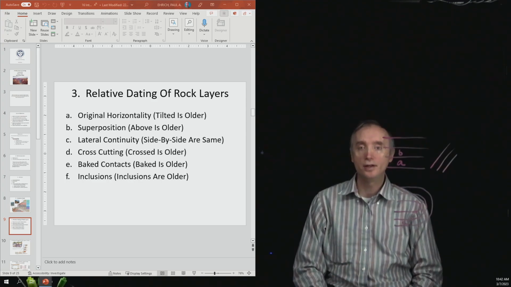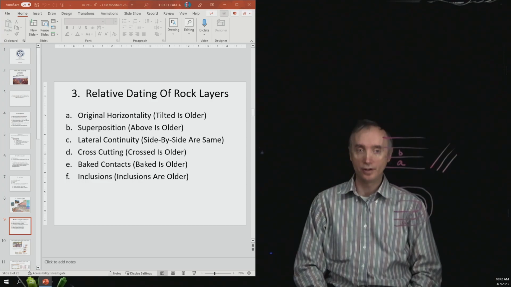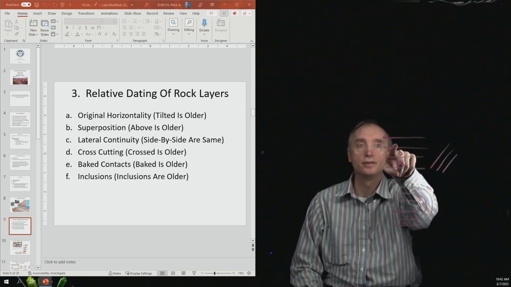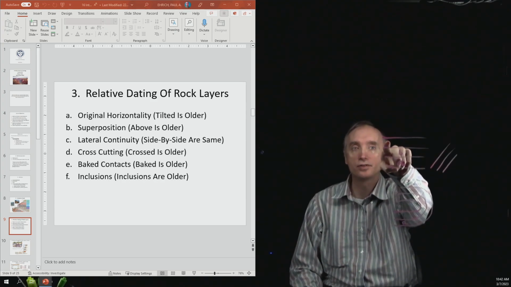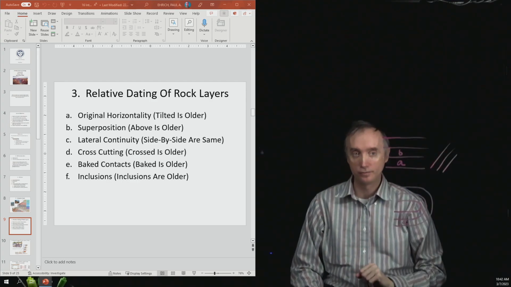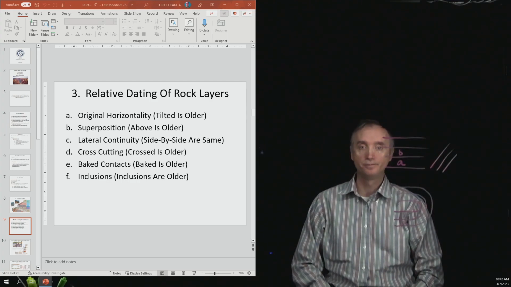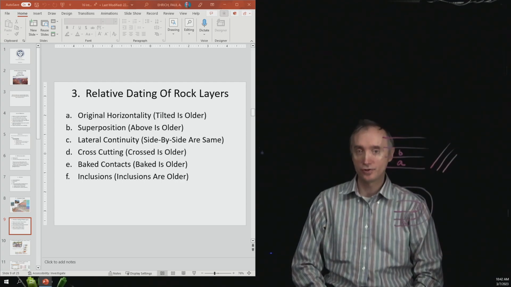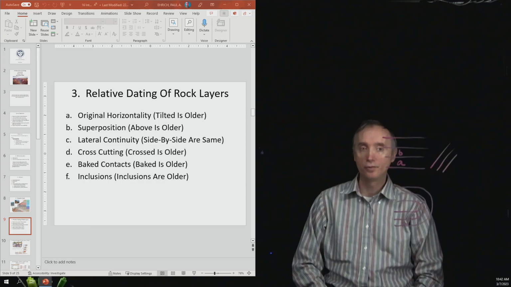Okay, the next one is lateral continuity. And so lateral continuity means that if this rock is of a certain age, then this rock over here is of the same age. Lateral continuity. Then you have cross-cutting relationships. And so whatever rock is the one that's being crossed, then that one is going to be the older rock.